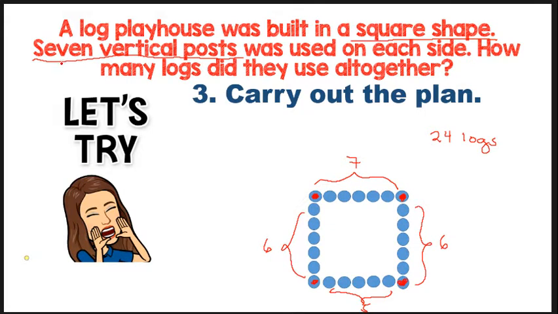Your first instinct might tell you that you need to multiply 7 by 4, giving you 28 logs, which is incorrect. So to visualize the problem better and to come up with the right solution, drawing a diagram is fitted for this type of problem.